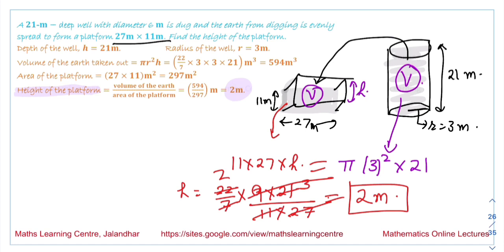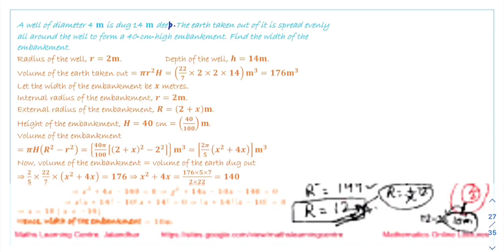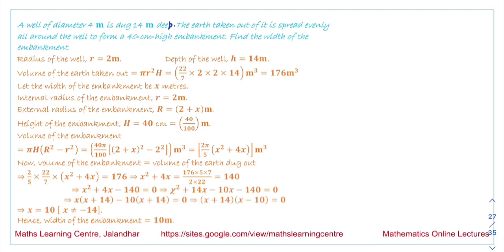Now next we have a well of diameter 4 meter dug 14 meter deep. So we are talking about a well, and it is given that the diameter of this well is 4 meter. It means the radius is equal to 2 meter, and it is dug 14 meter deep.